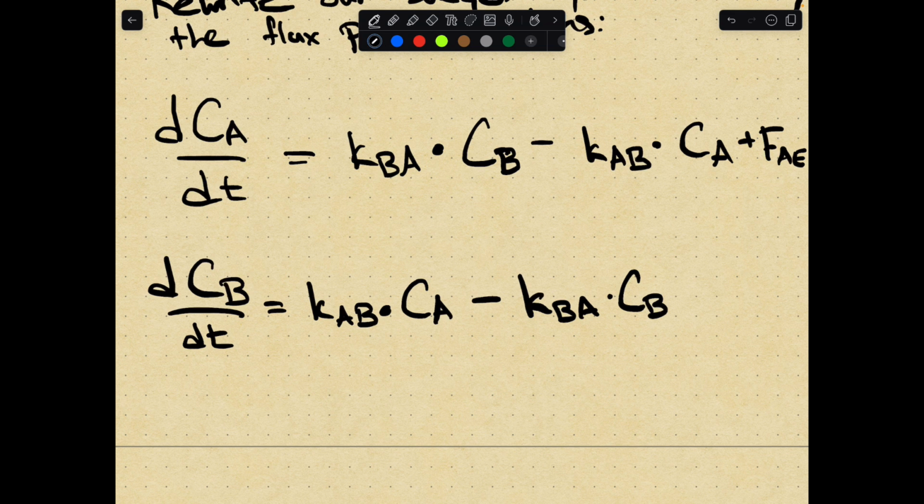Right, so it's a first order linear differential equation, and it's a system of equations because they're coupled to one another, right? You see here that C_A actually depends on the concentration, or not the concentration, but the mass of carbon in the atmosphere actually depends on the mass of carbon in the biosphere, and vice versa, right? The mass of carbon in the biosphere depends on the mass of carbon in the atmosphere.